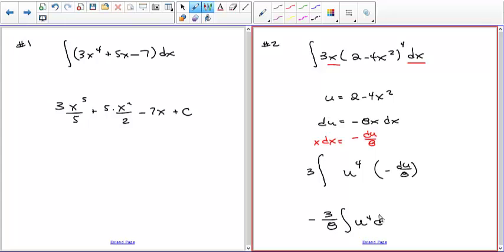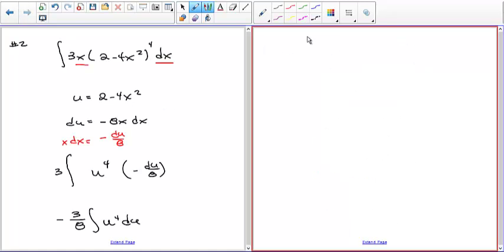At this point we have a polynomial which we can integrate using the formulas. So we add 1 to the exponent, divide by the new exponent. We add our arbitrary constant c at this point. We don't wait till the end, we do it when we integrate. So if we clean up the constant part, you're going to have 5 times 8, which is 40.